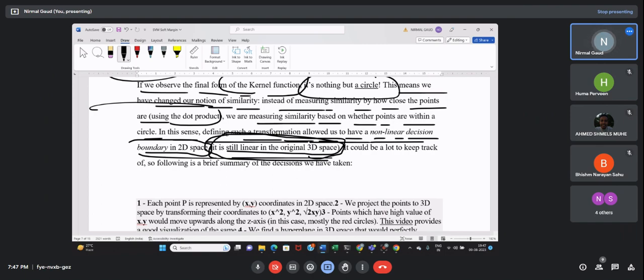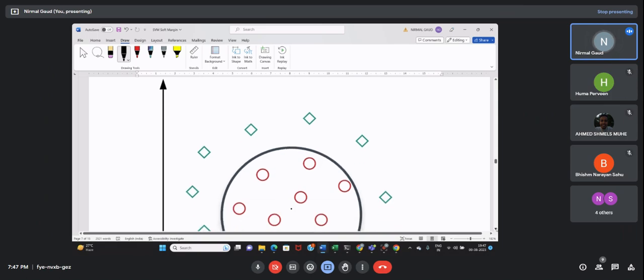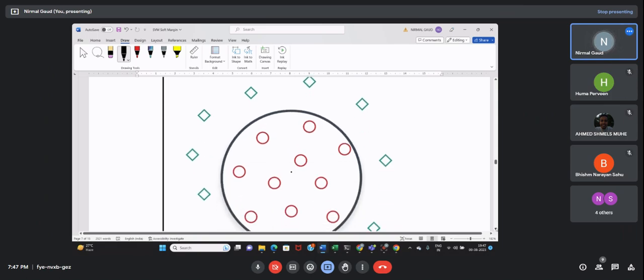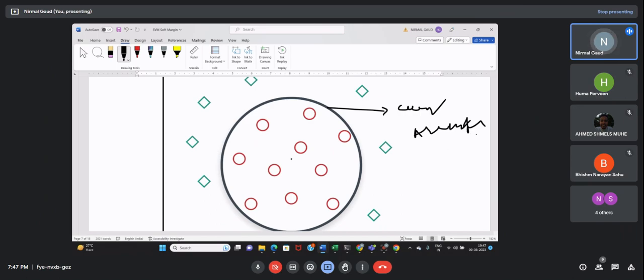We have seen in an example that you can consider a circle, and with this circle you can separate the data points which are not linearly separable. I have written the equation of a circle and named it a transformation function, and I have put the two data points x1 and x2 into this transformation function.